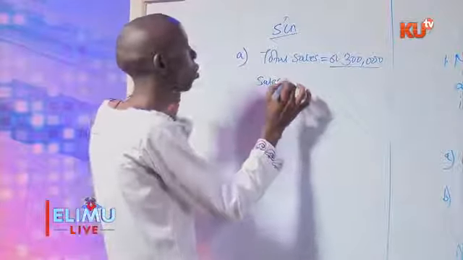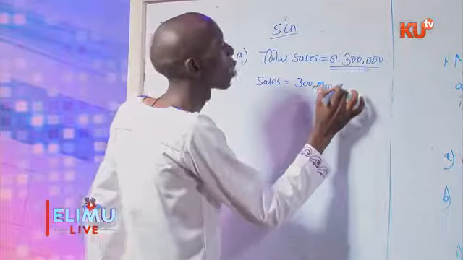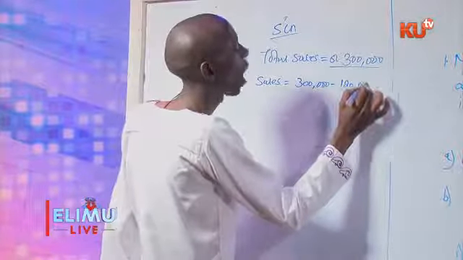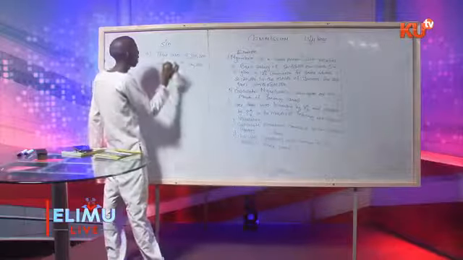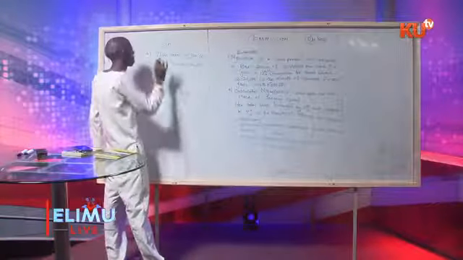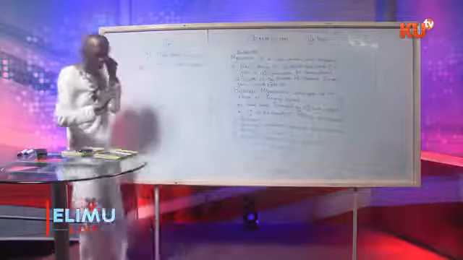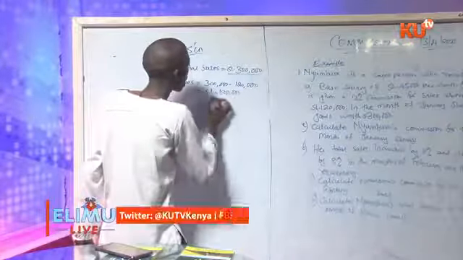Sales is equal to 300,000, that is the total sales, minus 120,000, which we are told is the sales above. 300,000 minus 120,000, we'll get 180,000 shillings.